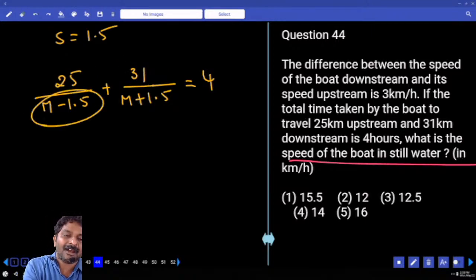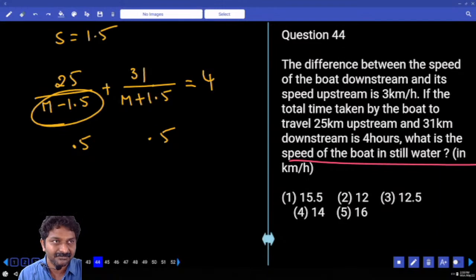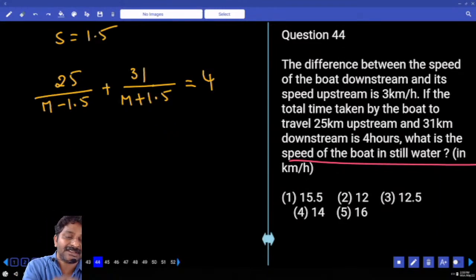So in the denominator, if you have a number ending with 0.5, odd numbers can be cancelled. To have a denominator ending with 0.5, m must be a whole number. Then only after subtracting 1.5, you will get a number ending with a decimal.